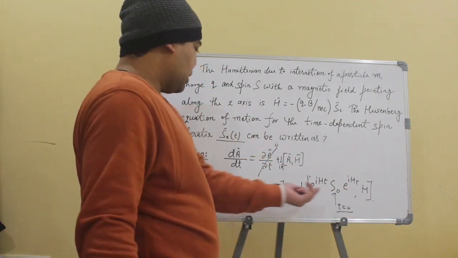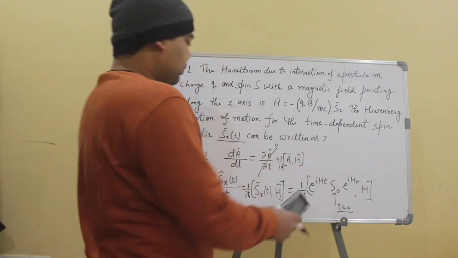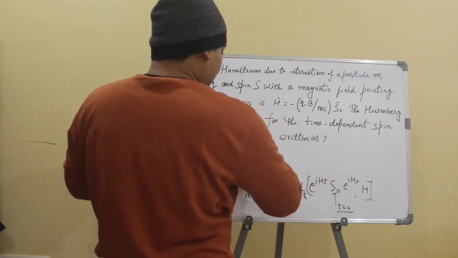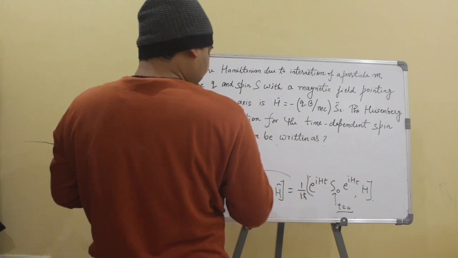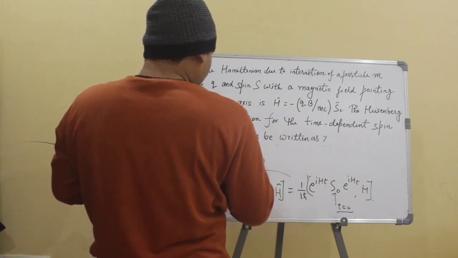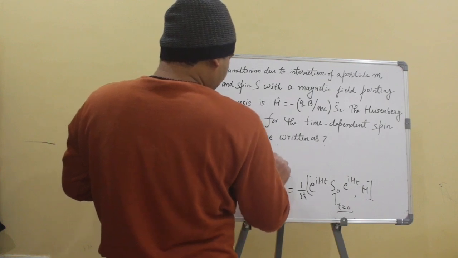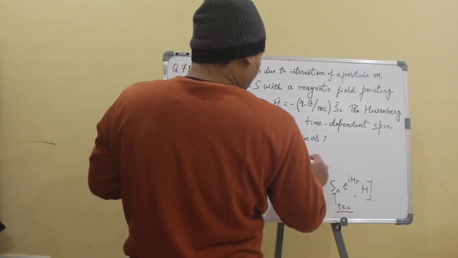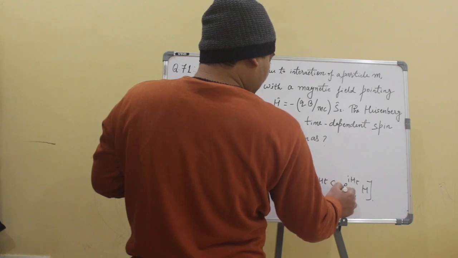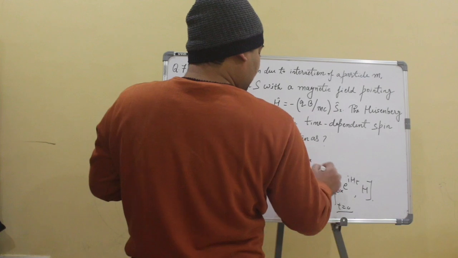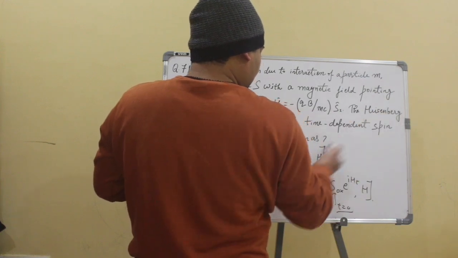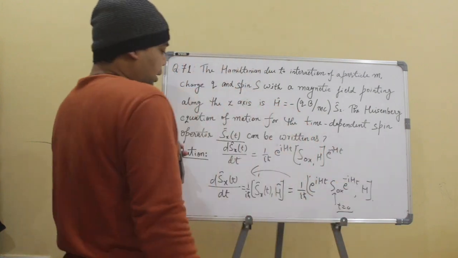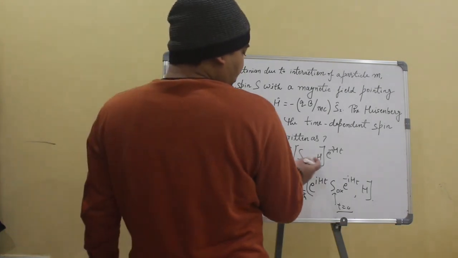What you are left with is basically S naught and H. Let us simplify it and write this step here, which says that d S x(t) divided by dt equals 1 by i h cut into e to the power i H t into the commutator of S naught x and H, and e to the power minus i H t. So this is what S naught x H is.